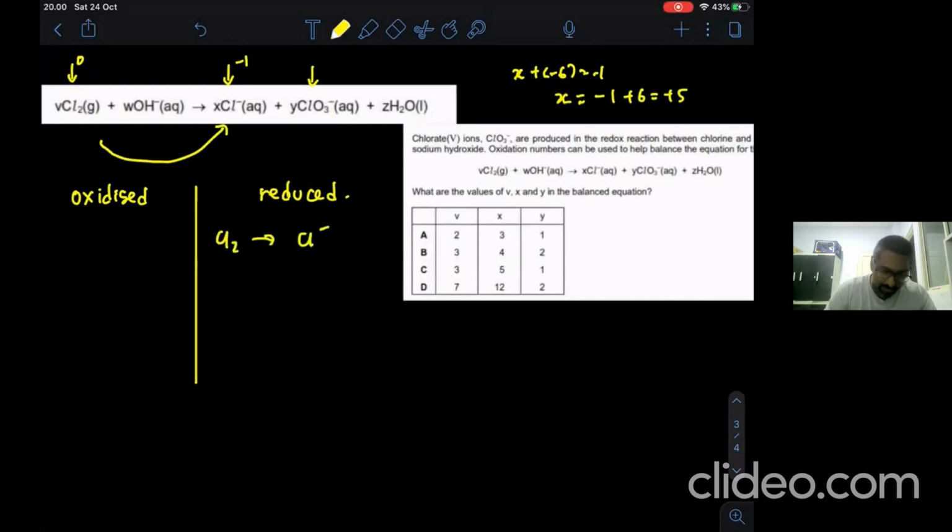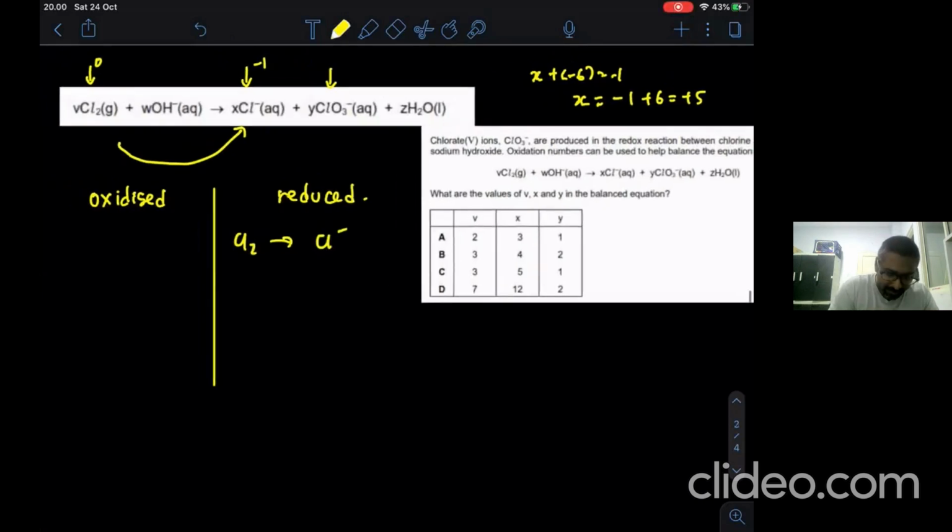And if I write down the oxidation, I'll put Cl2 again, and it is going to give us ClO3 minus. So we have calculated: this one has oxidation number 0, this one is -1, and this is +5 for the Cl. So here we can see that one is increased by 5 units, and the other is decreased by 1 unit.